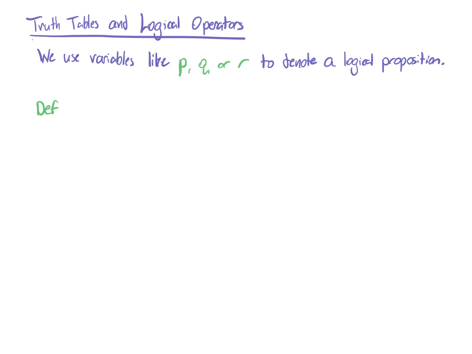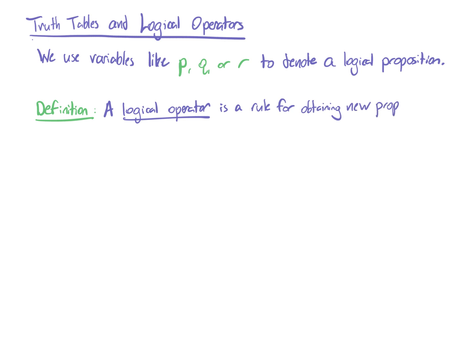Definition. A logical operator is a rule for obtaining new propositions from one or more old ones.